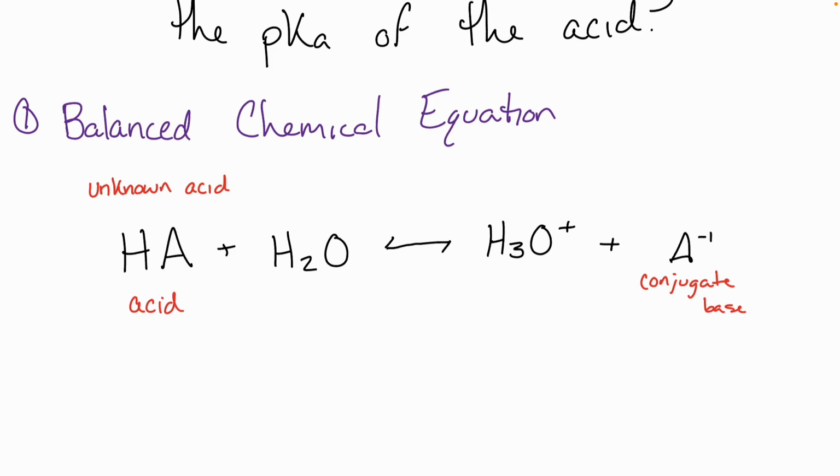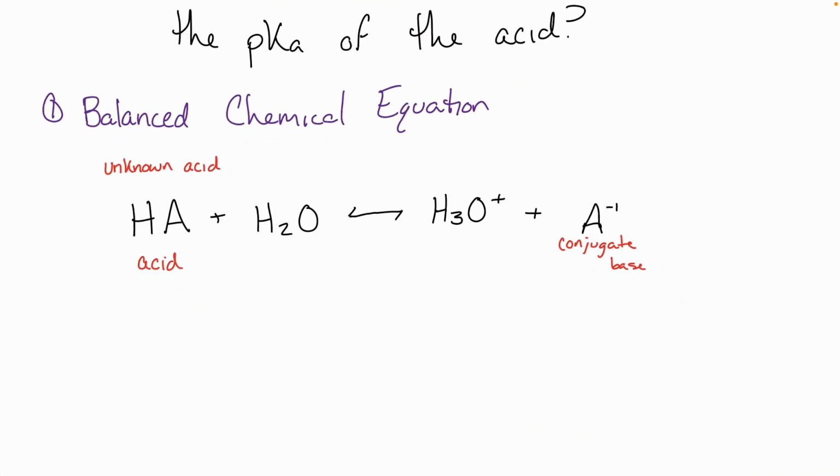So my conjugate base would just be A minus. So this is just the general formula for an acid, HA, where A is, we don't know. But it's an acid, so we know it's going to donate a proton in this reaction.